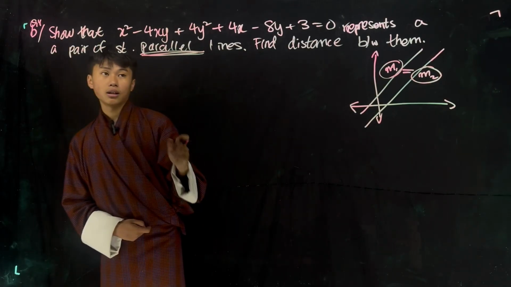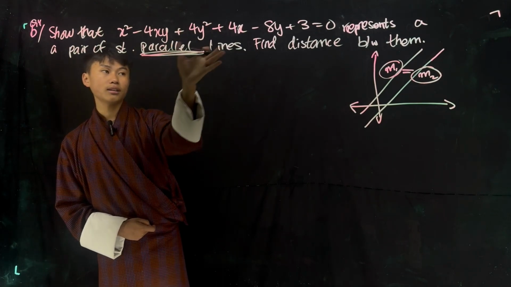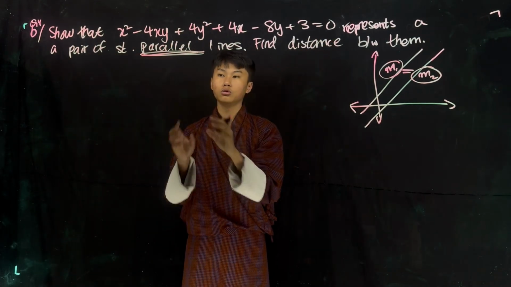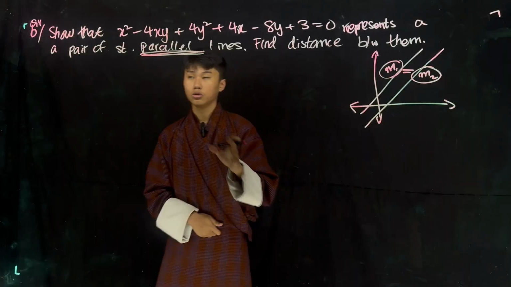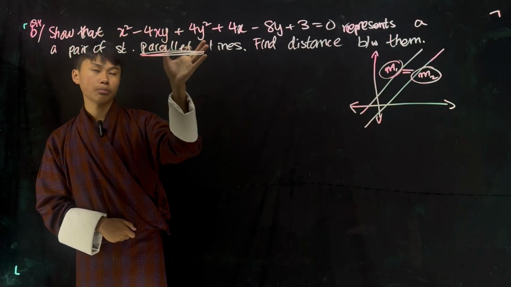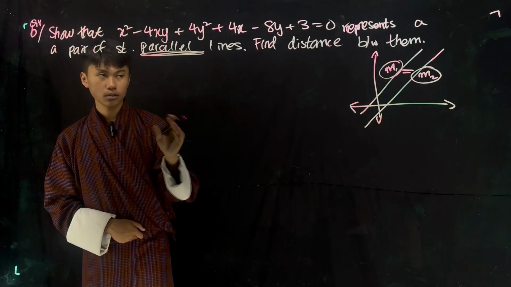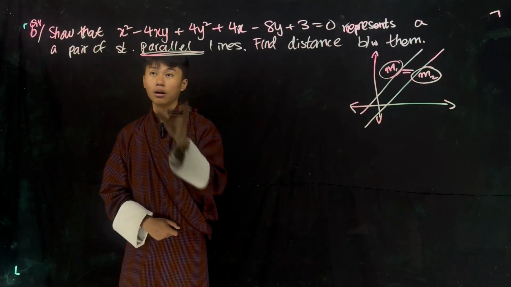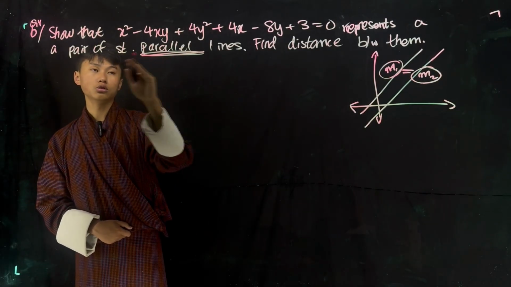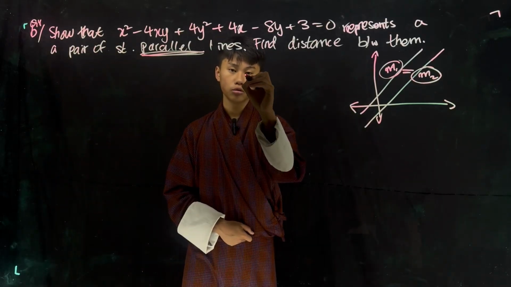Now to do this, let's first of all break this large equation down into two smaller ones. So this equation that represents a pair of straight lines can be broken down into two equations, each representing a line. Now to do this, we'll have to use the quadratic formula. I hope you all remember it.